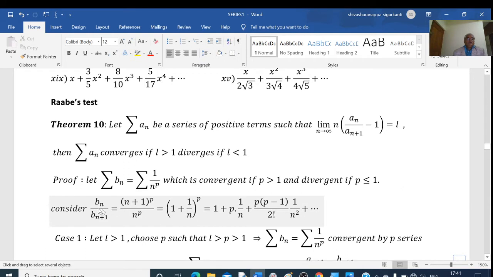So this is the expansion of b_n by b_(n+1).